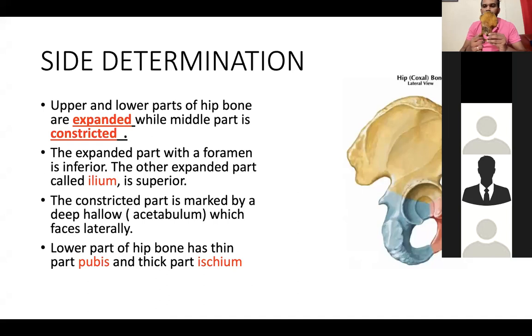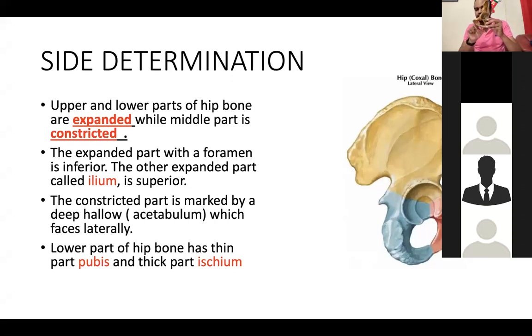Yes, sir. The other expanded part without a foramen, which is called the ilium, has to be placed superiorly. The expanded part with the foramen is called the obturator foramen. This foramen is called what?